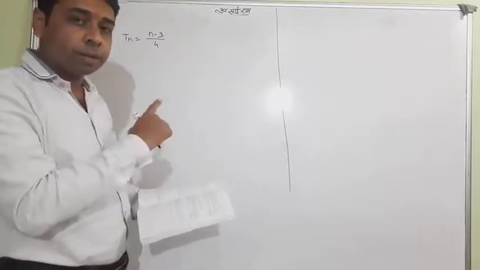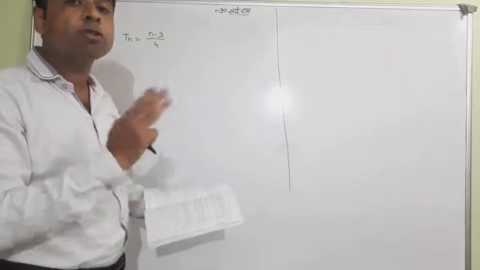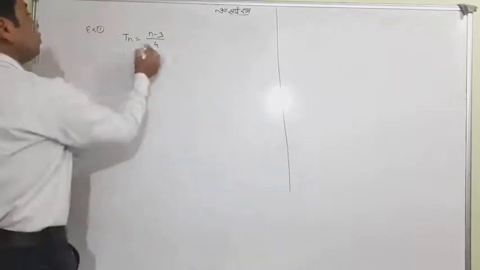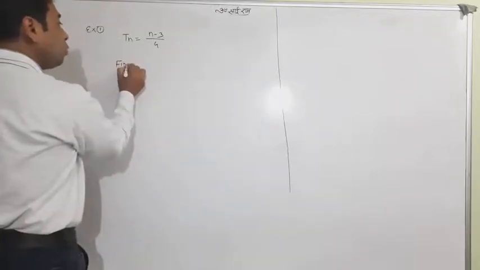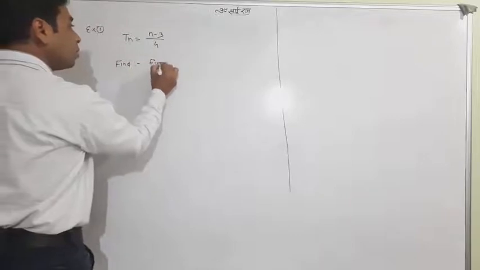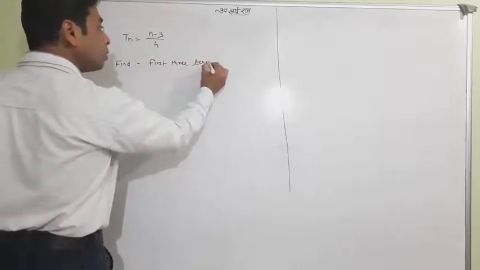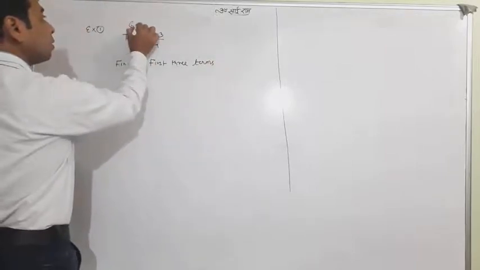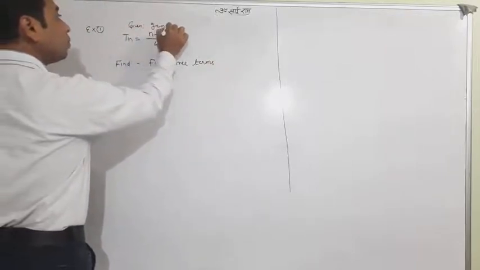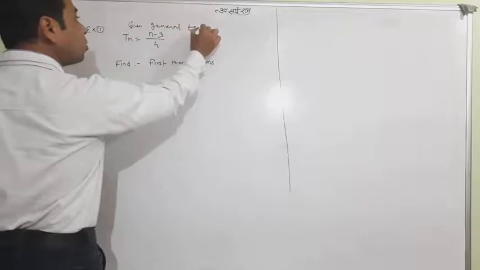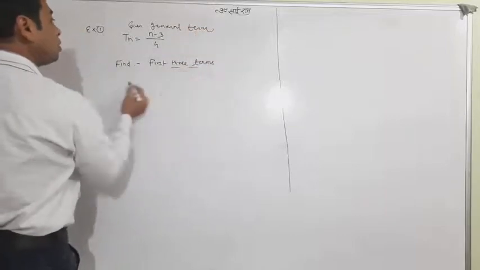Tn is given, the general term is given, and you want to find the first 3 terms.